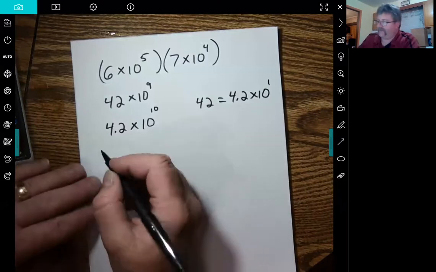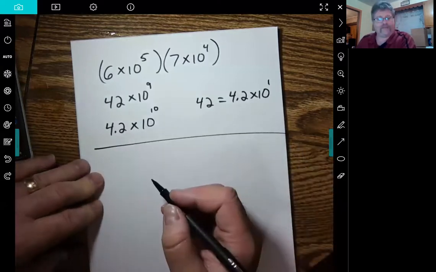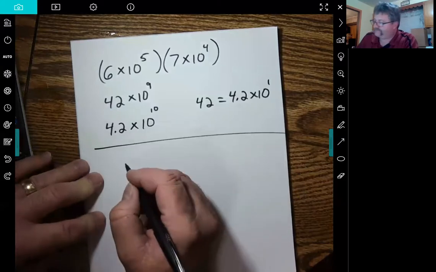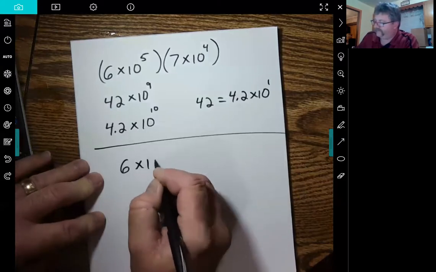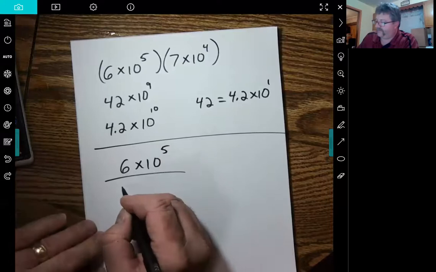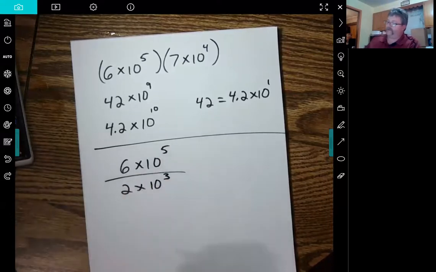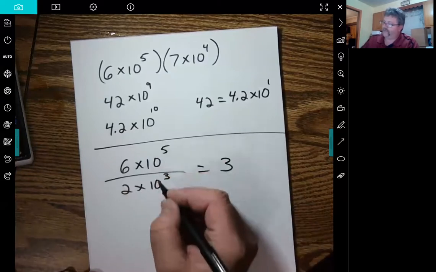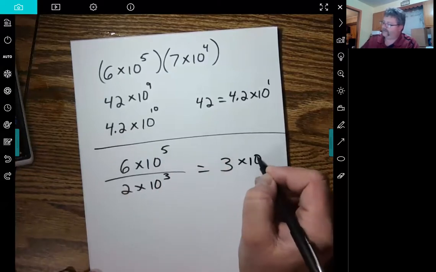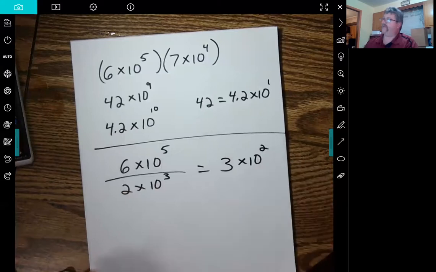Okay, divide, same idea. If I have to divide 6 times 10 to the 5th by 2 times 10 to the 3rd, well, 6 divided by 2 is 3, and then I subtract the exponents, times 10 to the 2nd power.